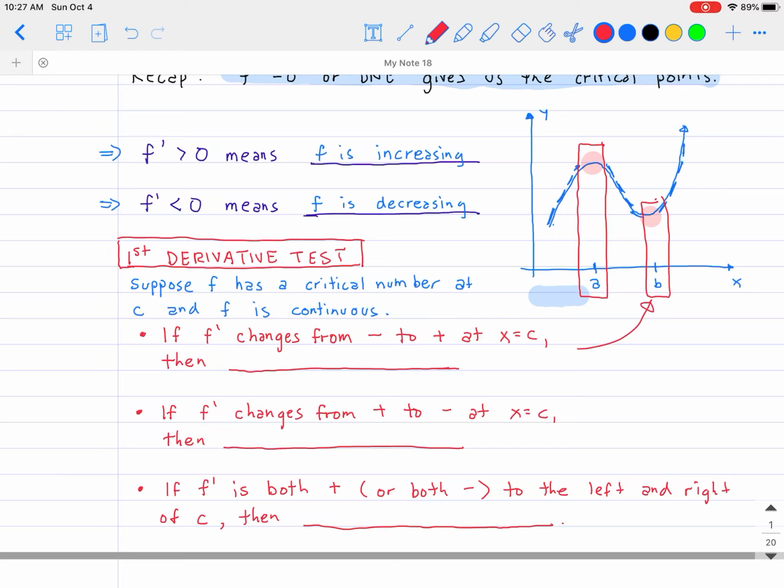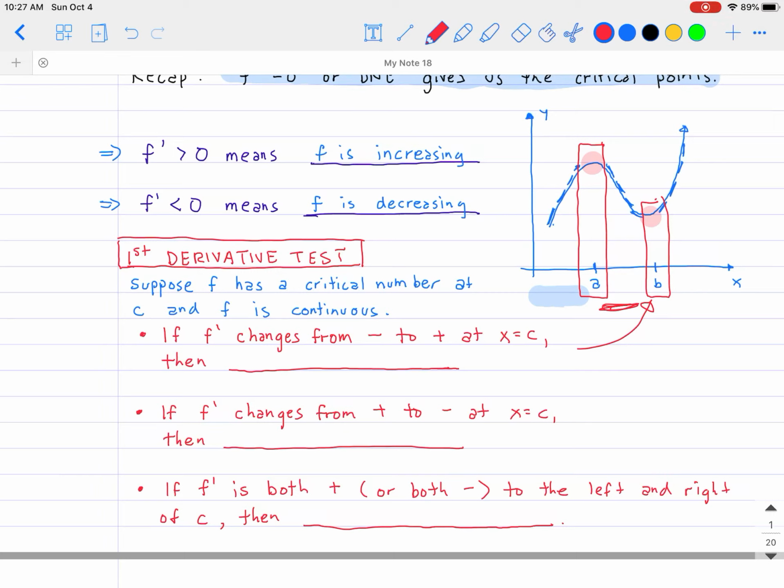Notice that actually, well, it's not the first one, I'm sorry. We're looking at b over here. So that's going to be this scenario. Notice that what's happening is that you are going from f prime that is negative. That's everything between a to b, right? Because the slope is going to be negative, so therefore it's decreasing. Then afterwards, you are going to be increasing, and at b, the derivative is equal to 0.